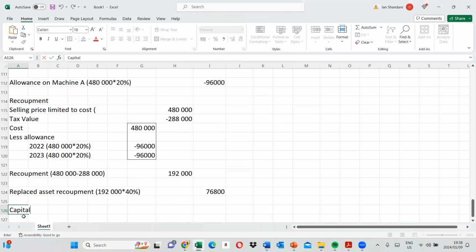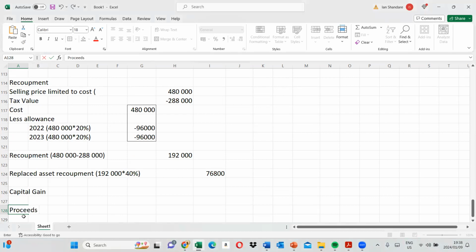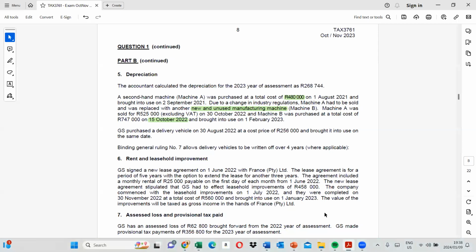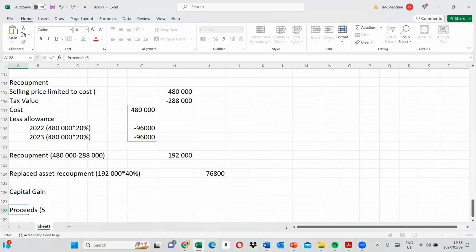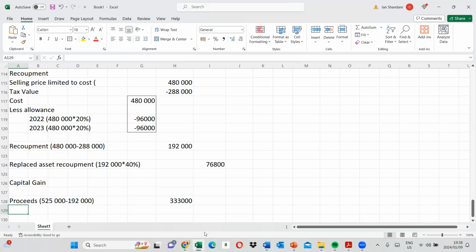Then we have capital gains in regard to machine B. So proceeds: you're going to take the selling price minus the recoupment. The selling price for the machine is 525, minus recoupment, which is 192. So it takes us to this amount, 525 minus 192, to give us this balance.